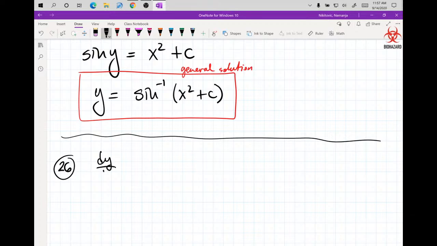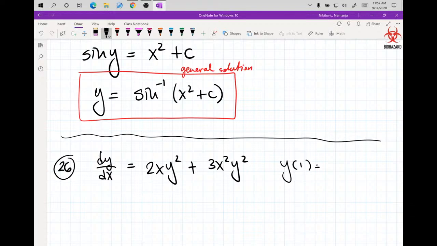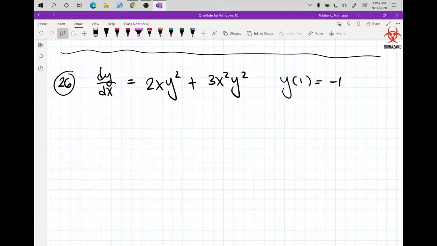So dy over dx is equal to 2xy squared plus 3x squared y squared with y of 1 equal to -1. So this is problem 26 in the textbook. And the way to solve this problem is to separate variables.